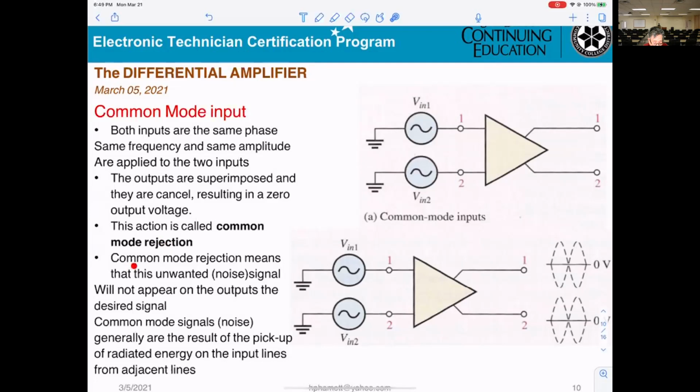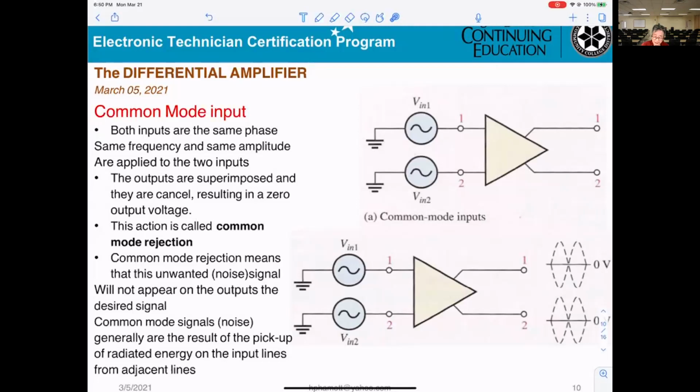Common mode rejection means that this unwanted signal, the noise, will not appear on the output, the desired signal. Common mode signal is noise. In general it is the result of pickup of radiated energy on the input line from adjacent lines.